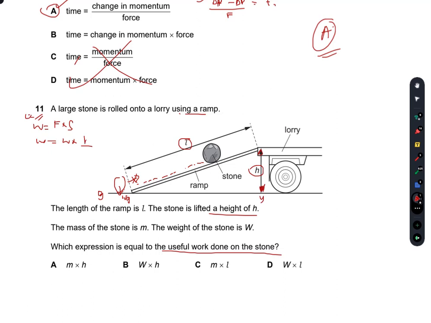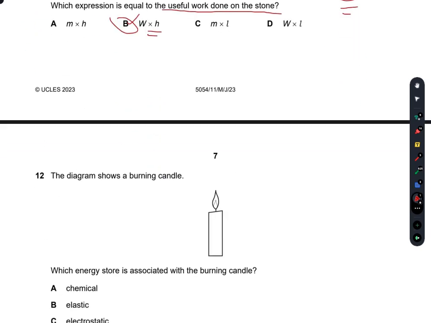So w into h means that for question number 11, B would be the right option, because w and h both act on the y-axis, whereas the weight acts downward. So B is the right option.